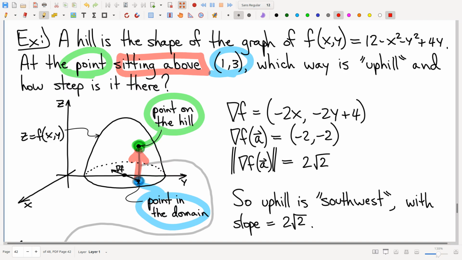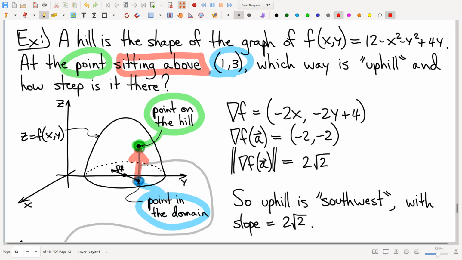So people will describe locations even though you're actually on the surface. People will describe the location with just the point in the domain. So, heads up, right? Make sure to be clear on this distinction, and make sure to always interpret appropriately. Interpret in the only way that could possibly make sense. You just got to be on the lookout for that.